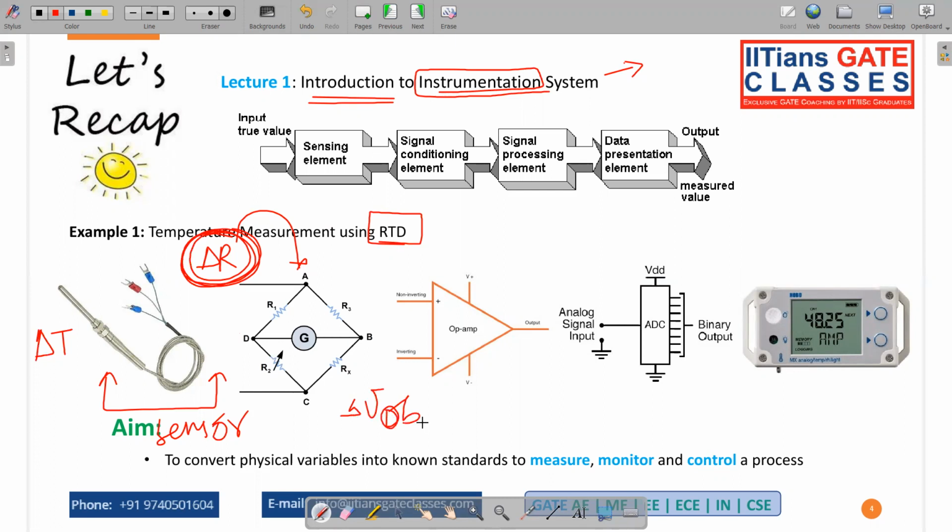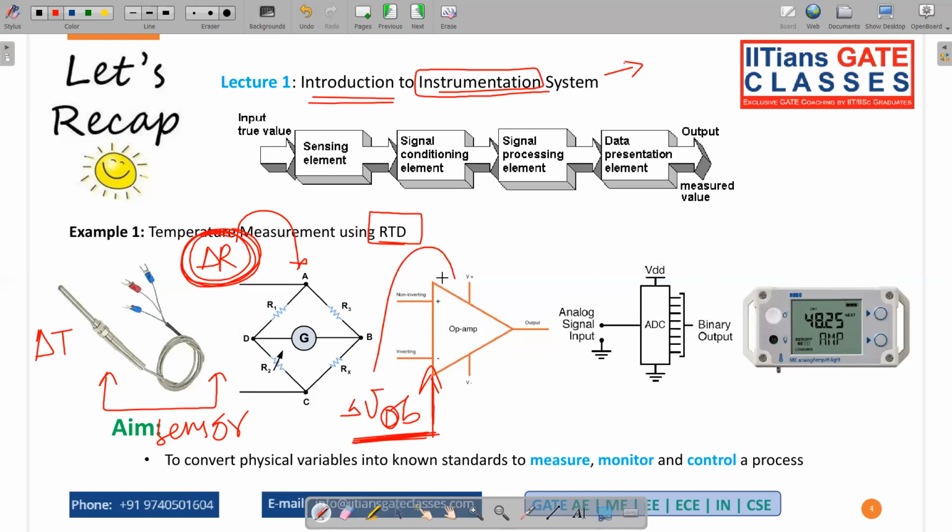We also observed in the last class that the strength of this change in voltage was low. Though we were able to convert the change in resistance to a change in voltage, the strength was low, so we were not able to process it further. Before we can process it, we have to increase its strength.